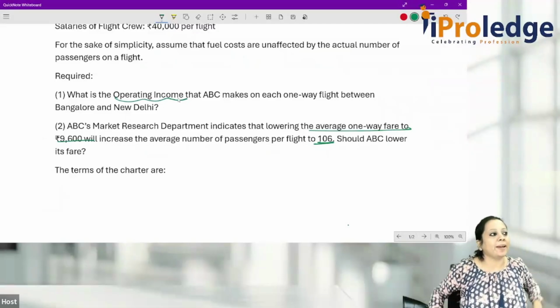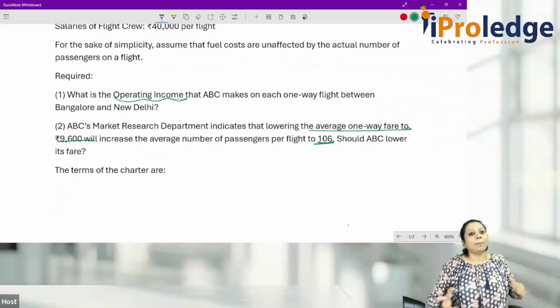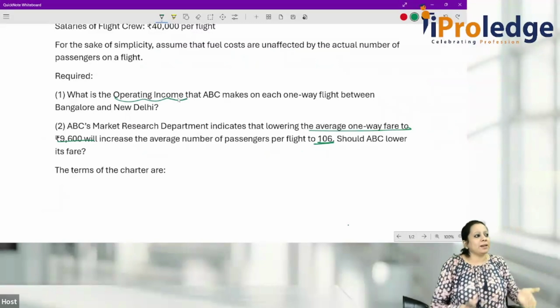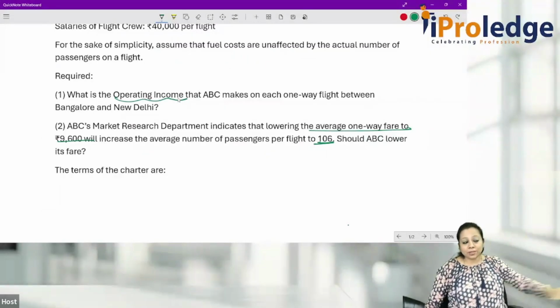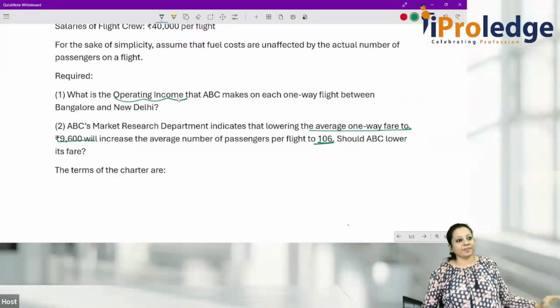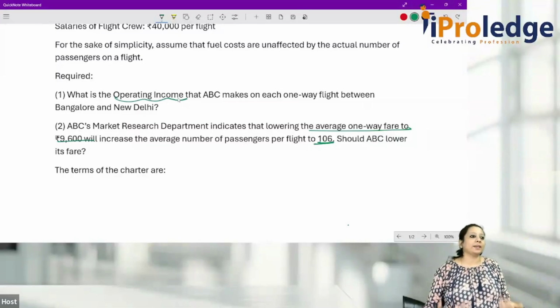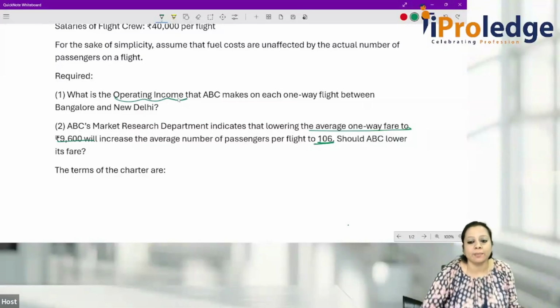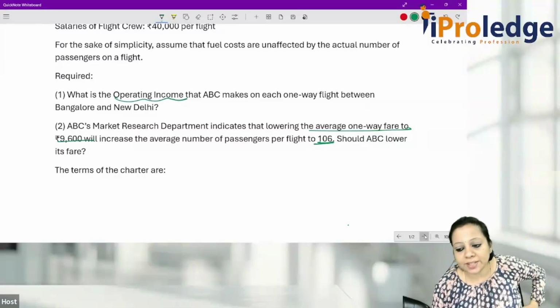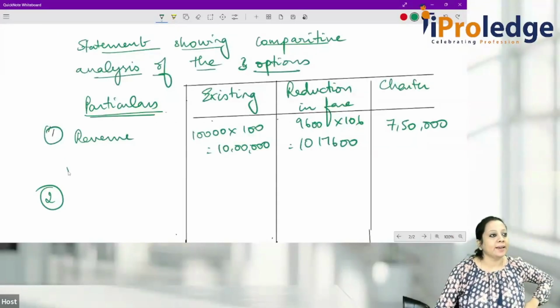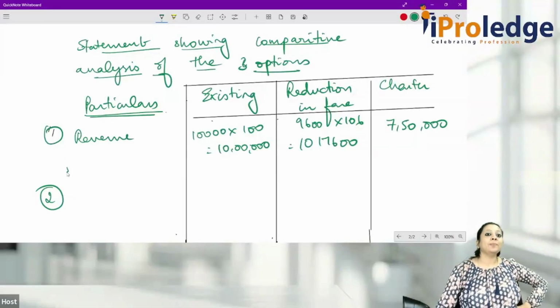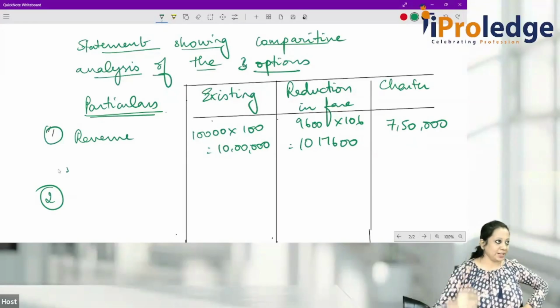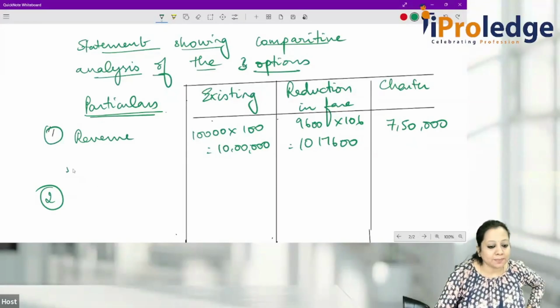So when making the comparative analysis, let us do operating income, which is revenue minus variable cost minus fixed cost. Otherwise, you don't have to segregate between variable and fixed. Because they've asked operating income, let me show it in that way. Operating income is generally what we refer to as EBIT, right? EBIT is only the profit in the marginal cost sheet.